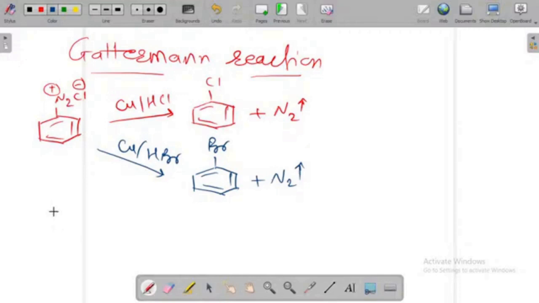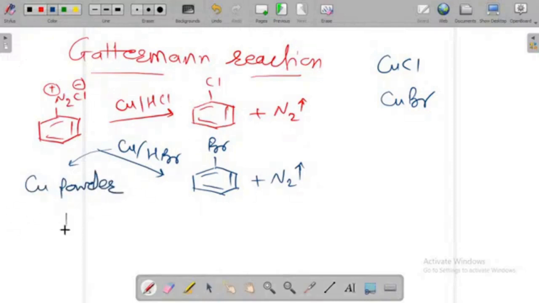What is the difference between the Sandmeyer reaction and the Gattermann reaction? In the Sandmeyer reaction, we used cuprous chloride or cuprous bromide, but here we are only using copper powder in presence of HBr or HCl. So this is the only difference.